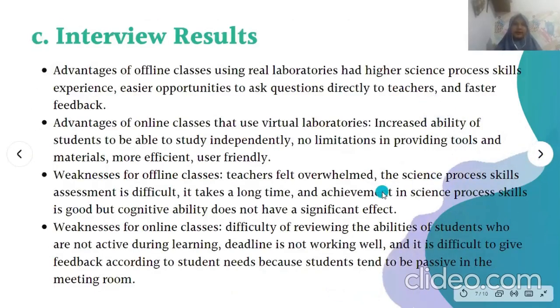Okay, and here is the result for the interview. I divided it into the advantages and also the weaknesses.